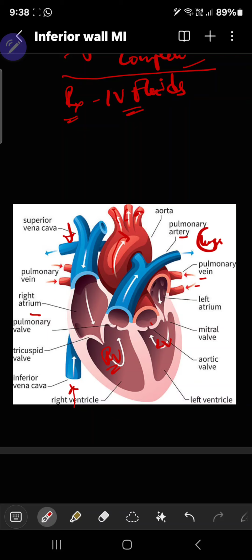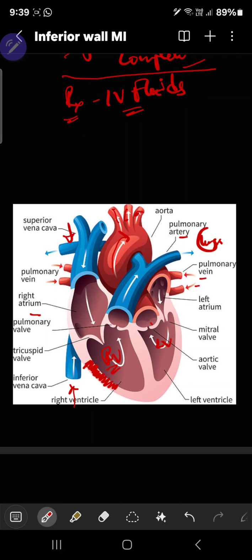So what happens here is, now there is an infarction here. This right ventricle wall is thinner than the left ventricle, because the left ventricle always supplies blood to the whole body. That's why the wall of the left ventricle is thick and the right ventricle wall is thin.